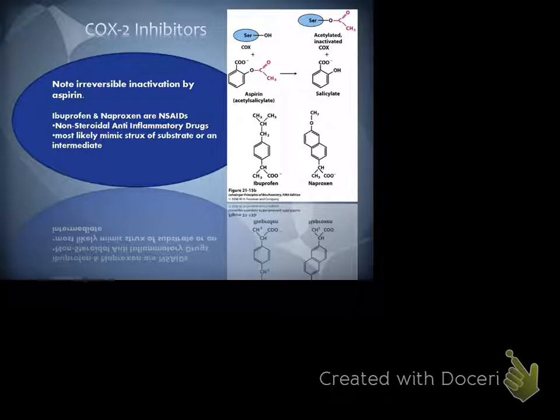If it affects just cyclooxygenases in particular, what is one of the side effects? What's the side effect of having too much aspirin? Stomach issues. Yeah, death as well, eventually. But yes, stomach issues because it's inactivating.